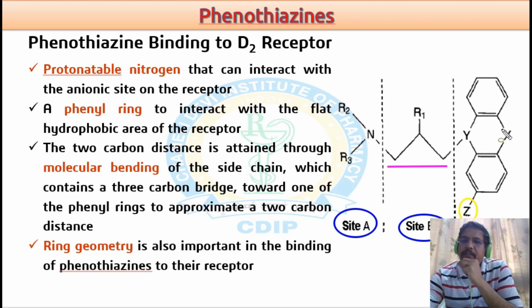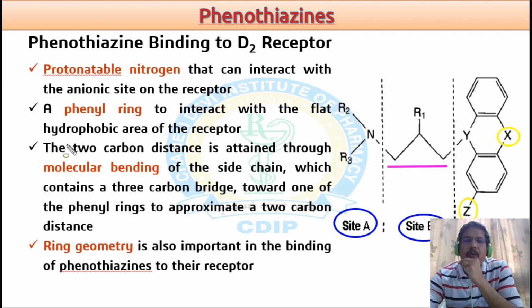And in phenothiazine, this is sulfur, and it takes a similar position as one of the hydroxy groups of dopamine, and due to the presence of a lone pair of electrons on sulfur, it might undergo hydrogen bond formation with a complementary portion of the receptor.